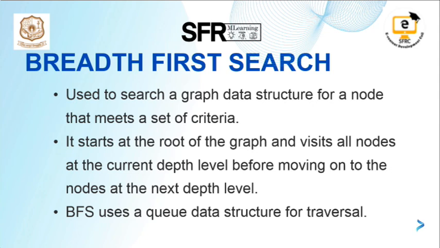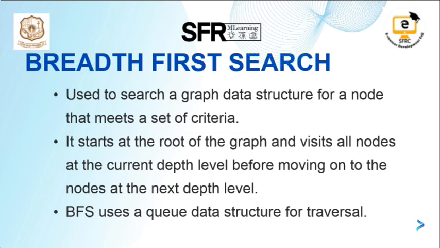In initialization, we enqueue the given source vertex into a queue and mark it as visited. Then there is another step called exploration. While the queue is not empty, this is the step for exploration. If it is not empty, then dequeue a node from the queue.